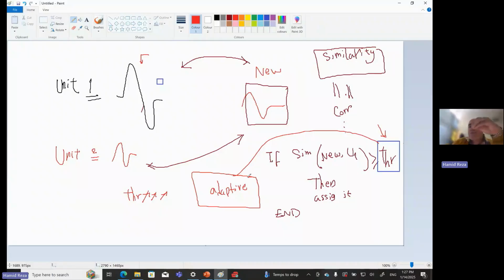If I can extract an adaptive methodology to extract this threshold, then I will be safe, and I will have an algorithm that can be used in real time. It is very important. Because template matching has a very low computational complexity, it can pass over the signal once.